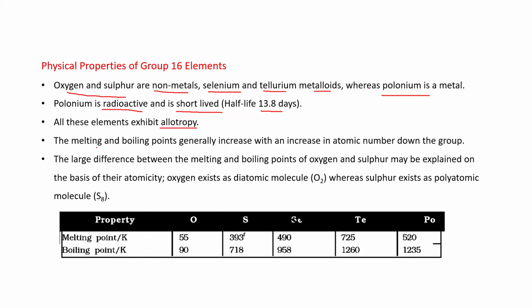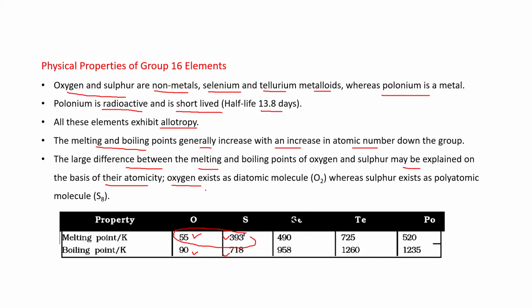The melting and boiling points generally increase with an increase in atomic number down the group. But if you see the melting point and boiling point, for oxygen this is 55 and 393, and for sulfur this is 90 and 718. This is a large difference. Why is this a large difference? The large difference between the melting and boiling points of oxygen and sulfur may be explained on the basis of their atomicity.